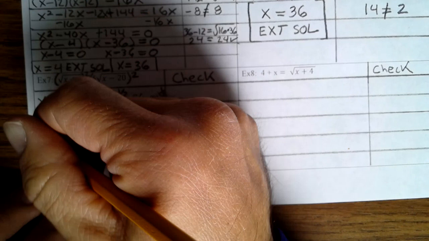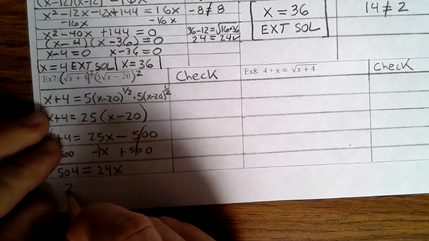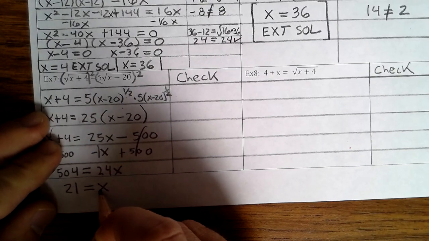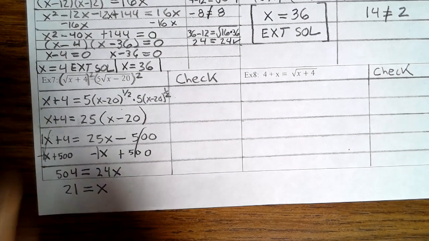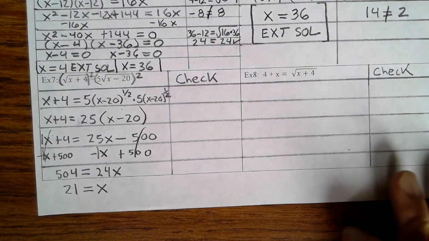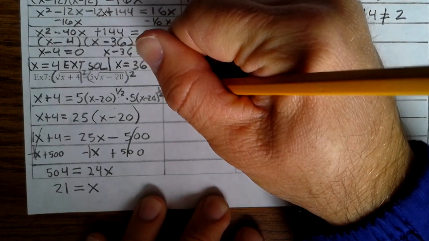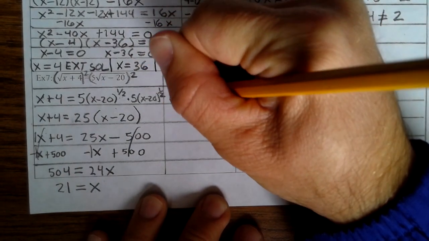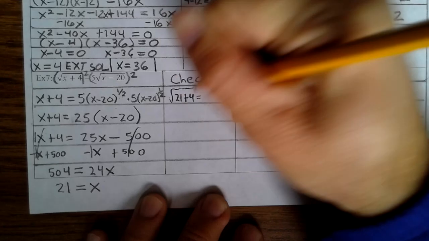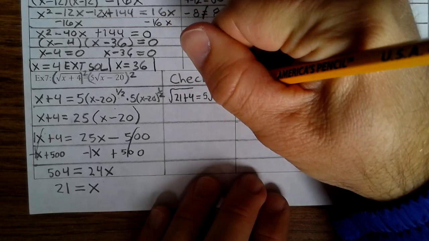Okay, so now we need to check. So we're going to substitute 21 back in. So that's the square root of 21 plus 4 equals 5 times the square root of 21 minus 20. Oh, wait a second.